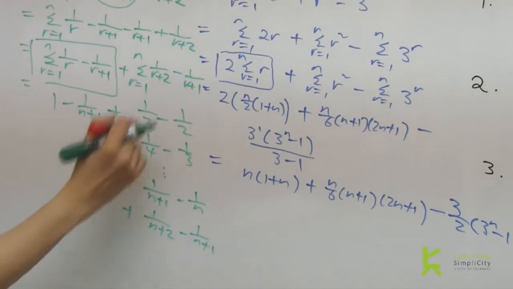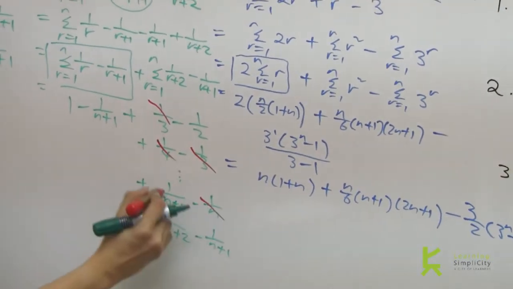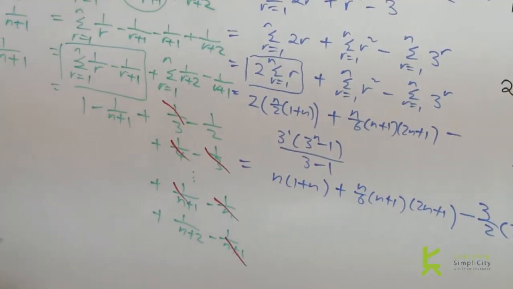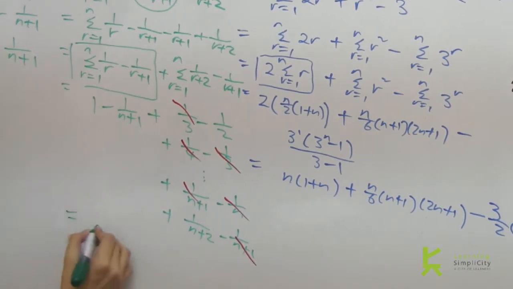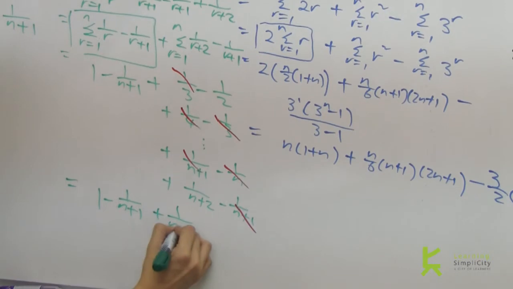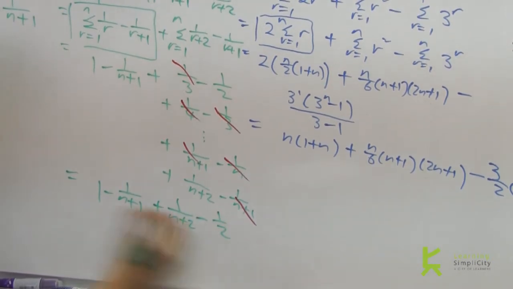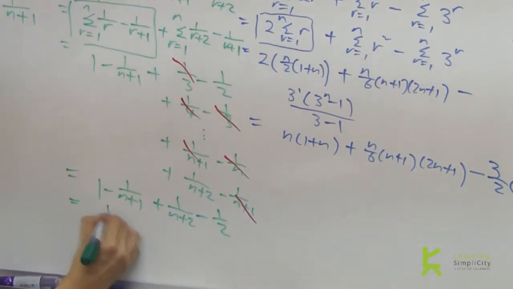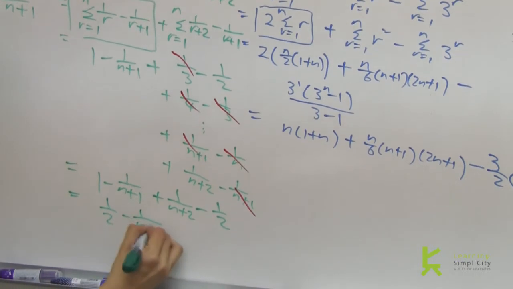Again, the same thing, I can carry out cancellation. So finally, the outcome for this will be 1 minus 1 over n plus 1 plus 1 over n plus 2 minus half. So to simplify this, I get the following expression.